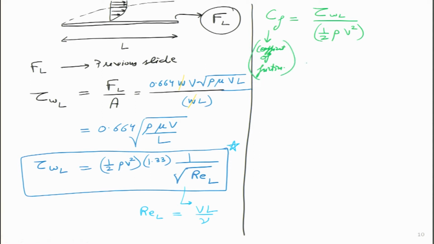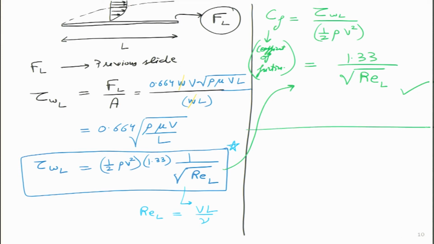And then we plug this thing over here, and all we get is 1.33 divided by square root of REL. So this also turns out to be a very neat equation, and these are all average values that we have calculated.